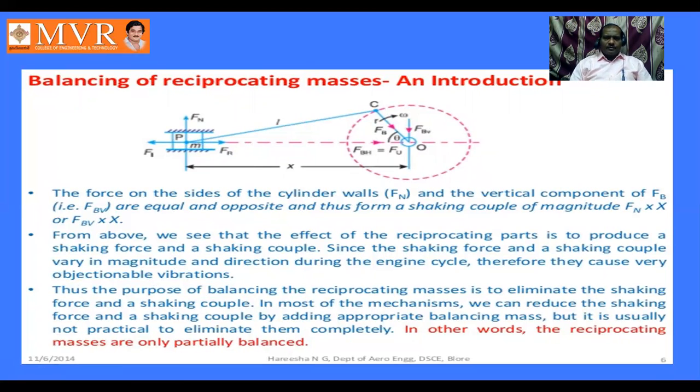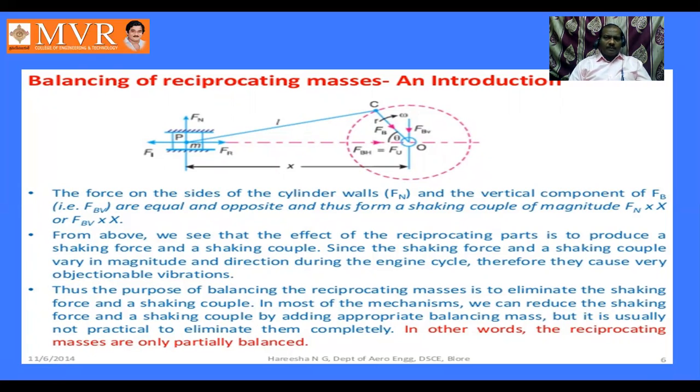Due to the shaking couple and shaking force, it is going to produce very large noise, and the vibrations are also going to create noise, which is very objectionable for a system to run in a very smooth manner. So this objection has to be avoided.